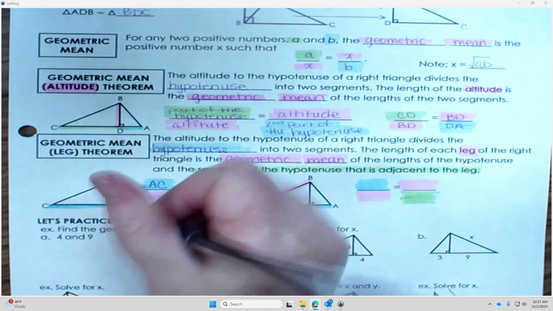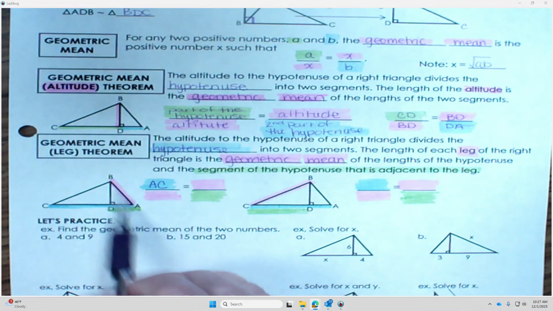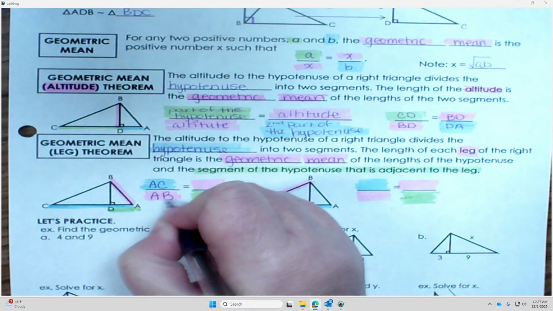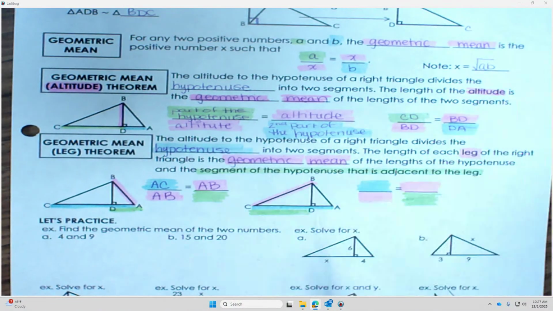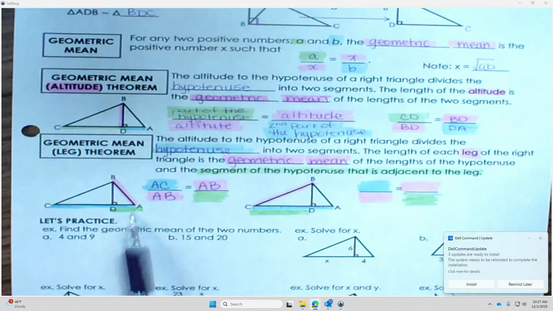Okay, and then my leg that we're picking, this shorter one right here, the pink one, is going to be AB. And it's AB in both parts. So notice in all of these examples, those are the same value. And then in this one, our smaller segment is AD.